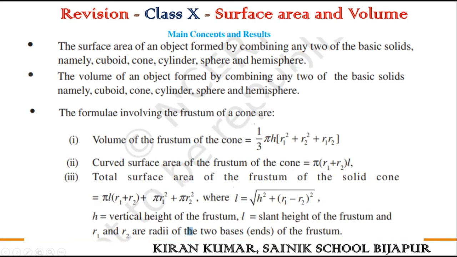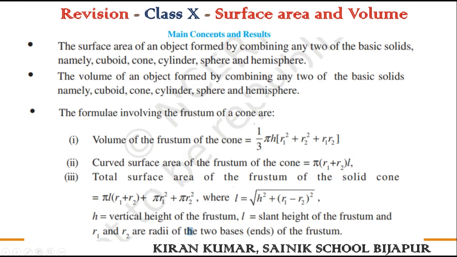The volume of the frustum of a cone is 1 by 3 pi h times of r1 square plus r2 square plus r1 r2. The curved surface area of the frustum of a cone is pi times r1 plus r2 multiplied by the slant height.